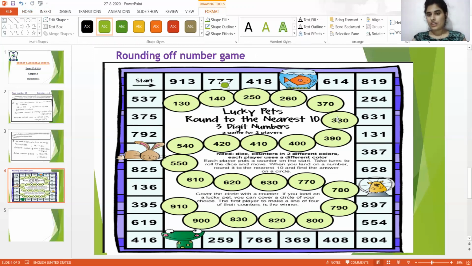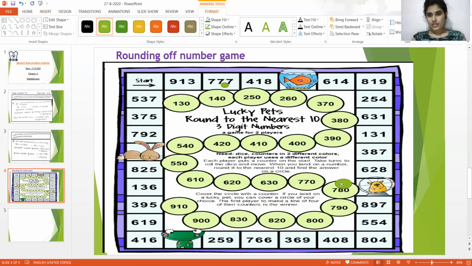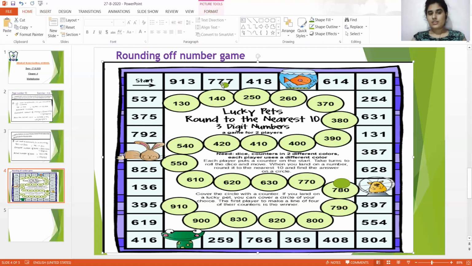After rounding off the number, you have to find out whether 780 lies in these circles or not. Yes, we have 780. So what you have to do is put that same counter here. Okay, like this.